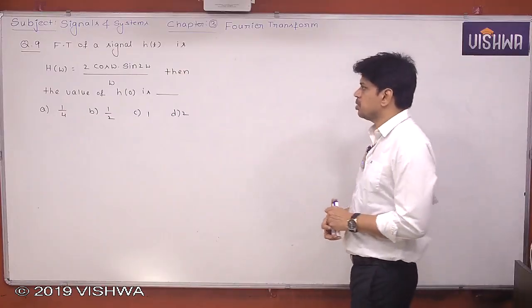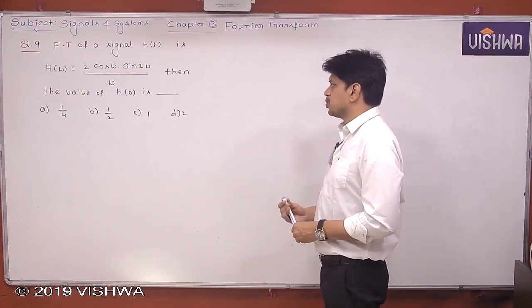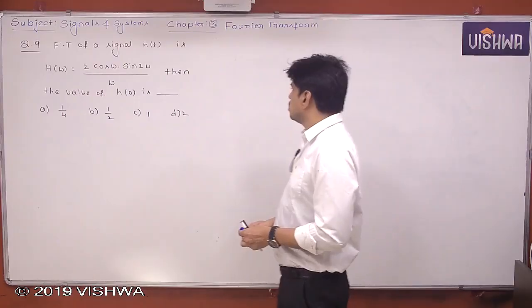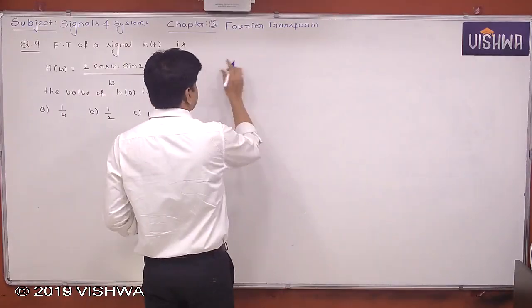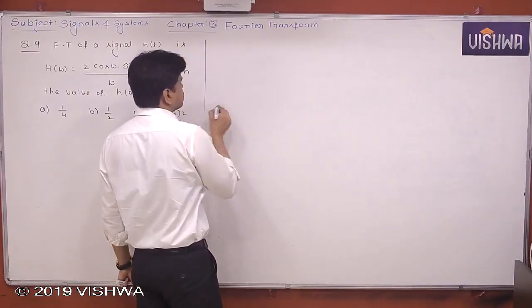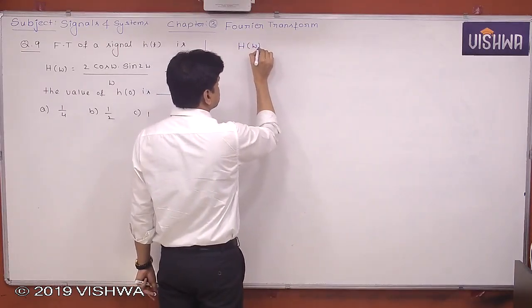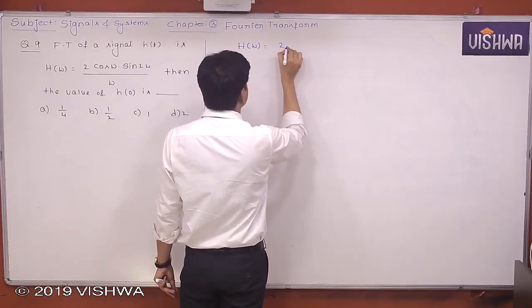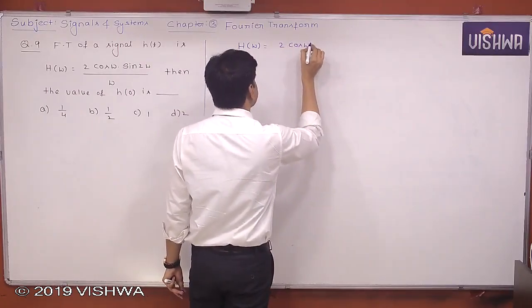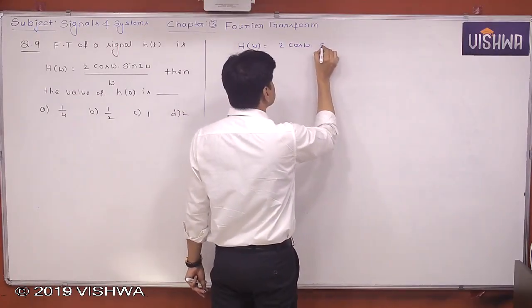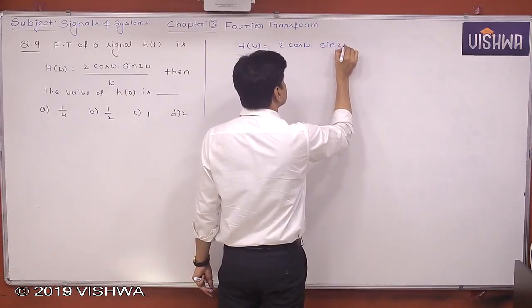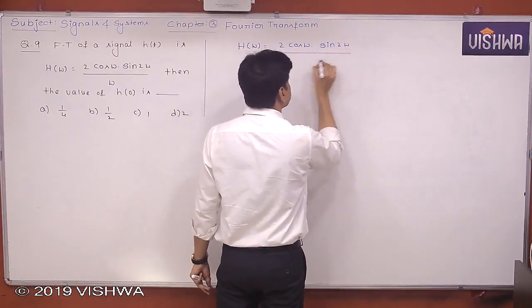Okay, let's see how we can solve this one. First, they have given h of omega, which is 2 cos omega into sine 2 omega by omega.